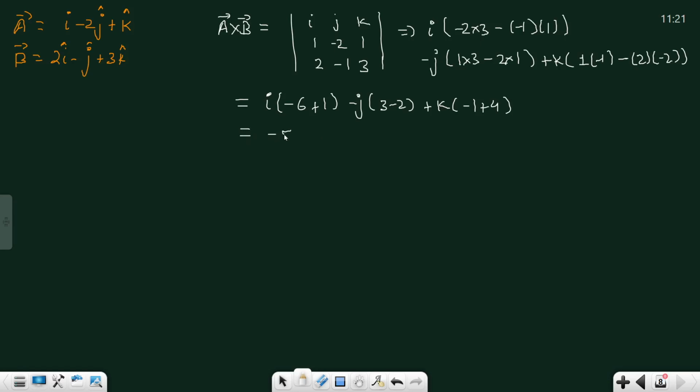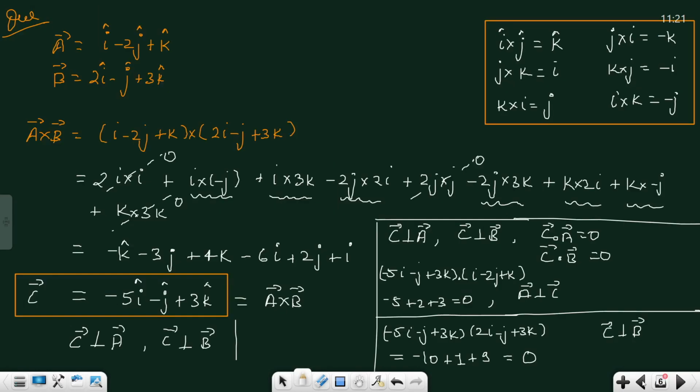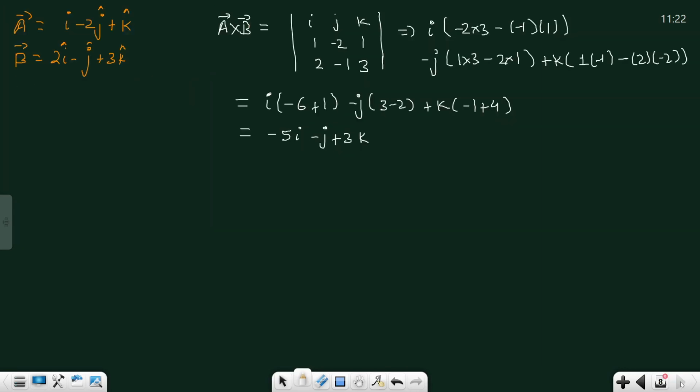So it's minus 5i minus j plus 3k. Is it the same as the previous one? Look, minus 5i minus j plus 3k, minus 5i minus j plus 3k. Is it matching?